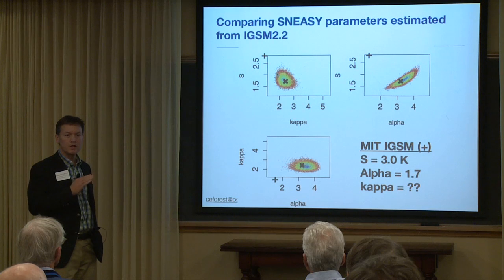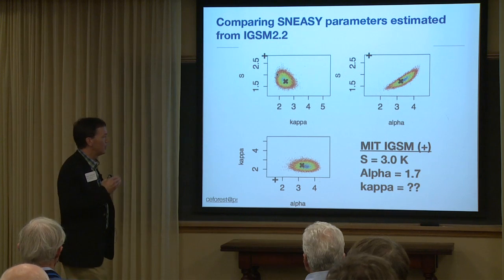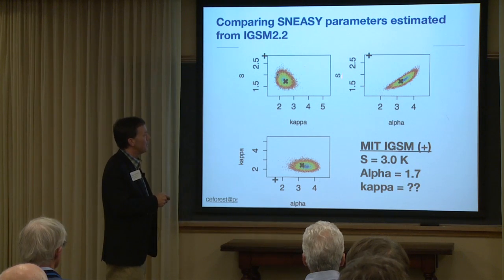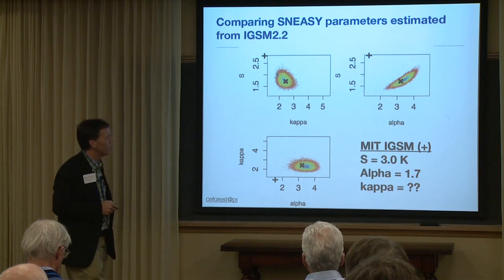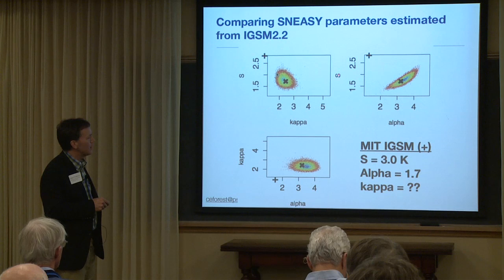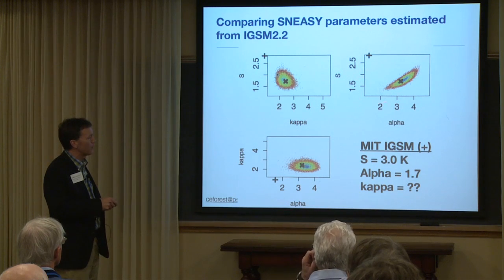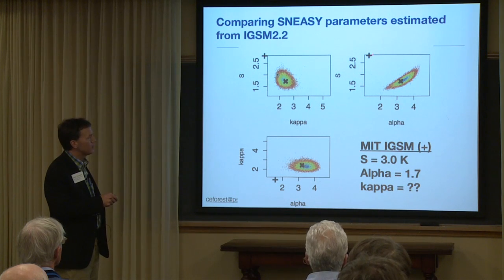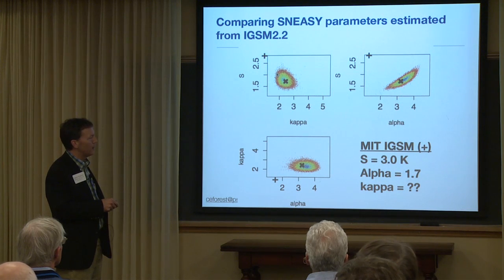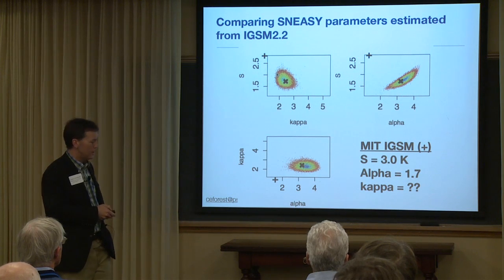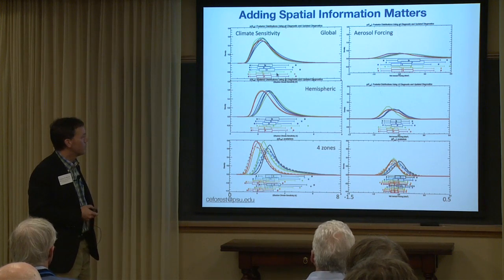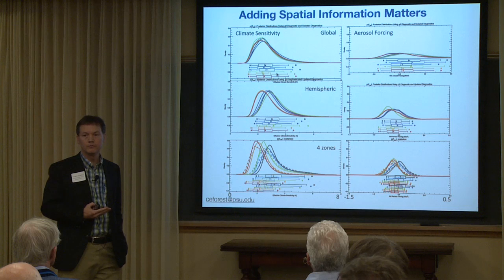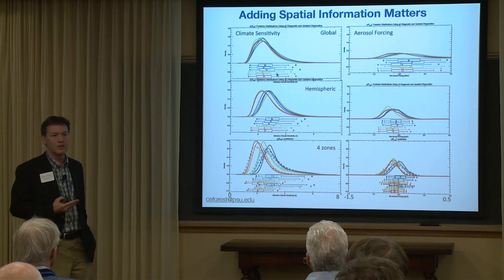This is a serious look into whether or not our procedure is capable of doing what we expect. Over here, this is climate sensitivity on this axis, the alpha parameter here, and that's actually the point where it should be. We're getting a value of 1.6, an alpha scaling of 3.2, and the question is, what's missing? Well, one of the issues is global information. The global picture is not enough.